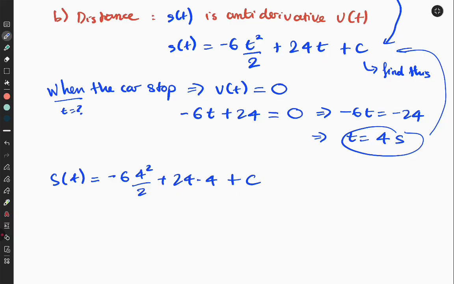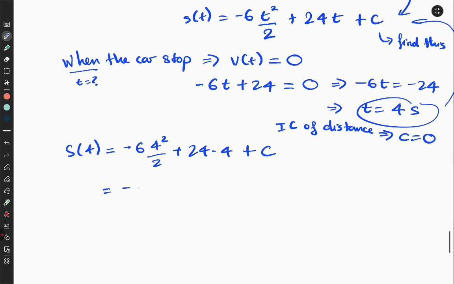I'm going to skip the proof. You can assume that when you see this problem, c equals 0. So you're going to have negative 4 squared over 2 plus 24 times 4 plus 0.